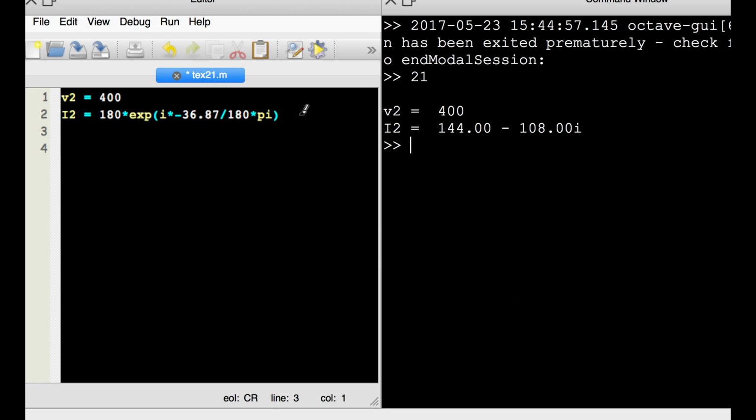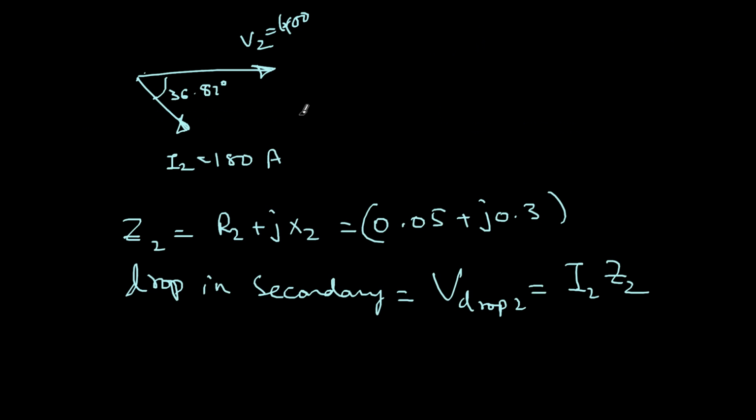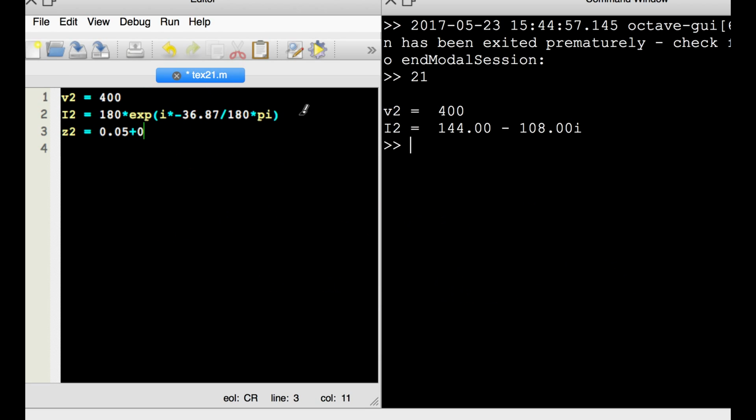Then Z2 equal to 0.05 plus 0.3 I. Then V drop 2, that is voltage drop in the secondary, is I2 into Z2.